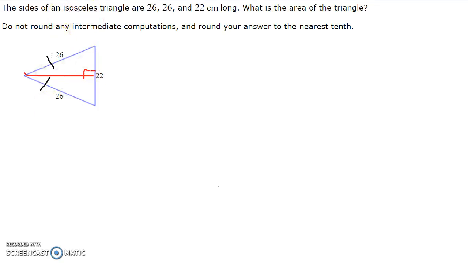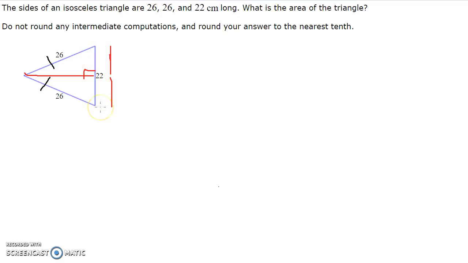what can you say about this section and that section? What do you think of those two sections that we just cut it into? This whole thing is 22.